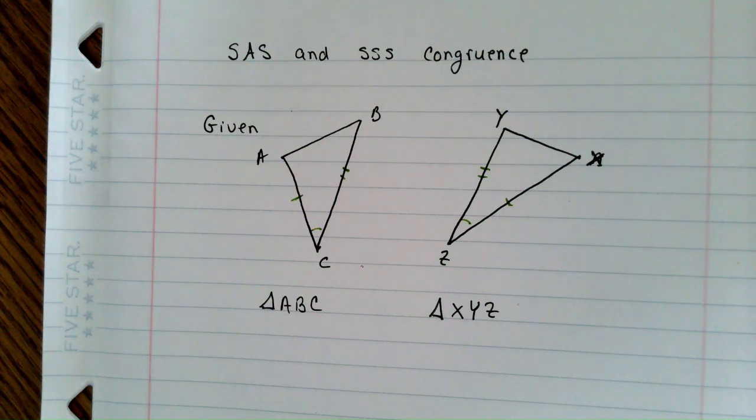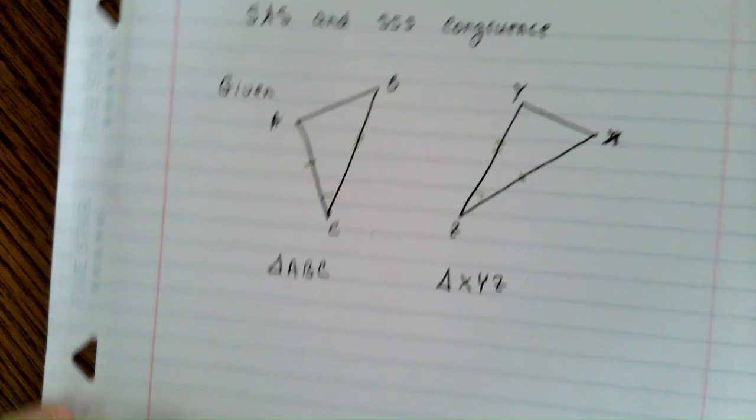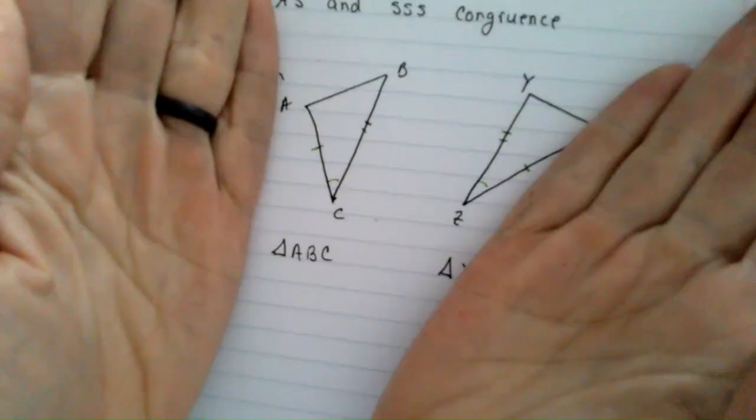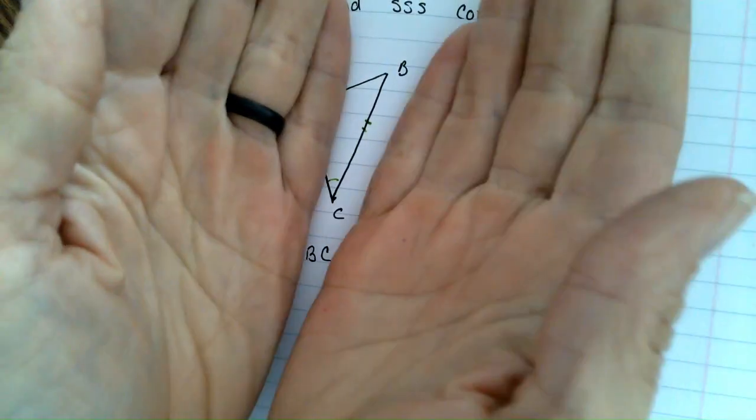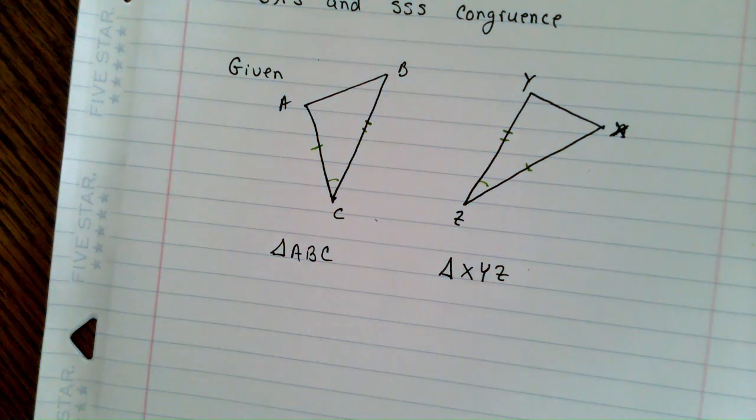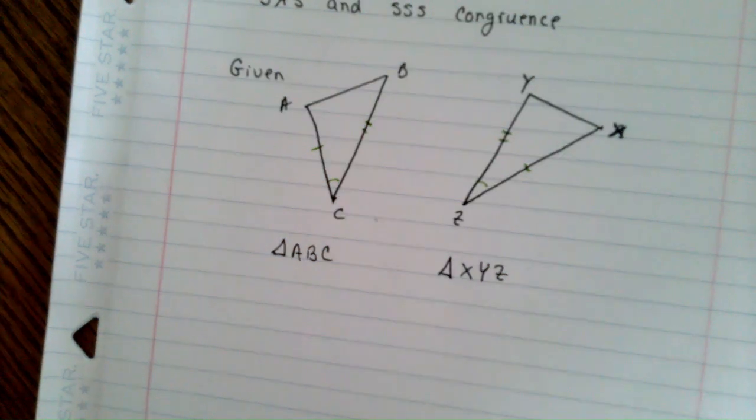So the first thing we're going to do is redraw these triangles to where they're touching. Basically I just want to close the gap, so that might mean rotating it a little.